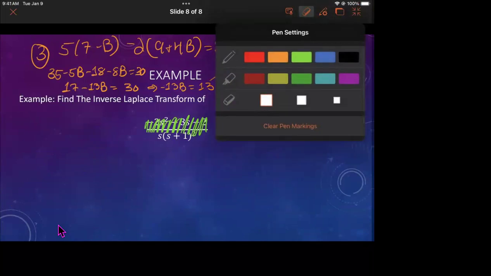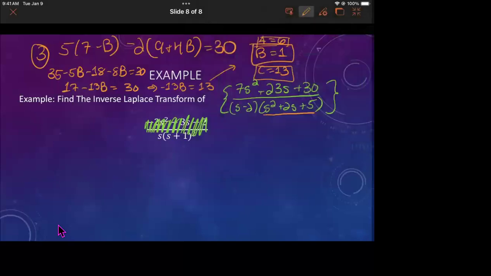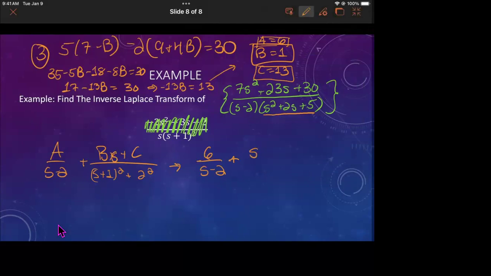The partial fractions decomposition was A over s minus 2, plus Bs plus C over s plus 1 squared plus 2 squared. This corresponds to 6 over s minus 2, plus s plus 13 over s plus 1 squared plus 2 squared.